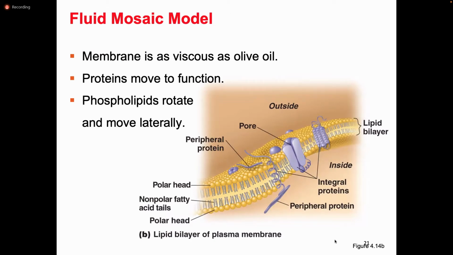Fluid means that this lipid bilayer is a 2-dimensional fluid, and these lipids can flow on this 2-dimensional surface. Mosaic means that these proteins are inserted into the membrane, so they serve as a mosaic on the sea of the plasma membrane. This was proposed by Singer and Nicholson in the 1970s.